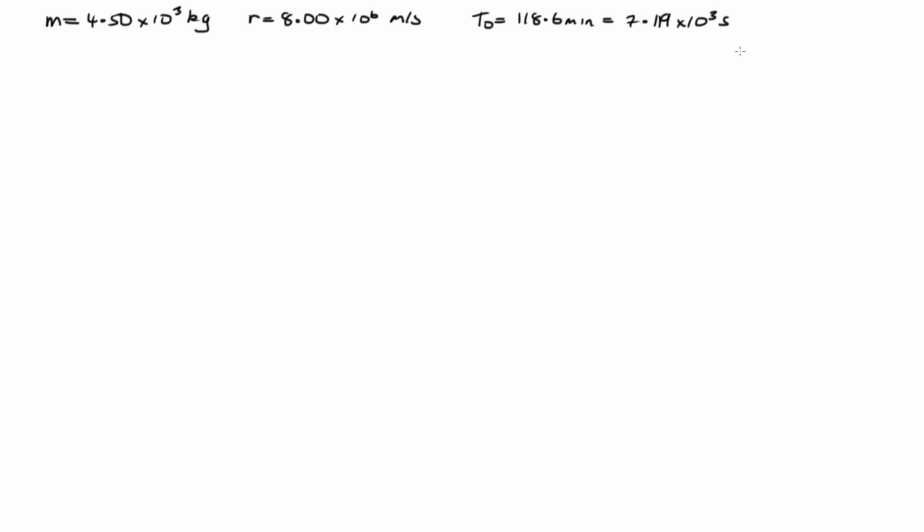So its thruster fires, and that decreases the speed to 96% of the original. So the final speed is equal to 0.960 times the initial speed.